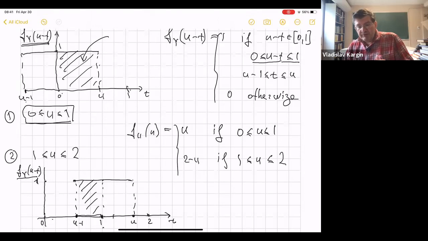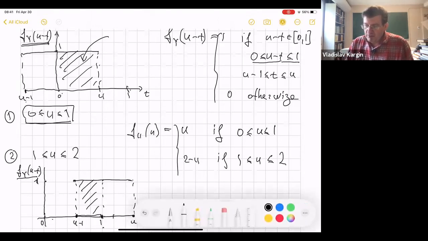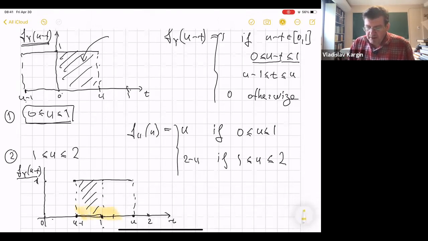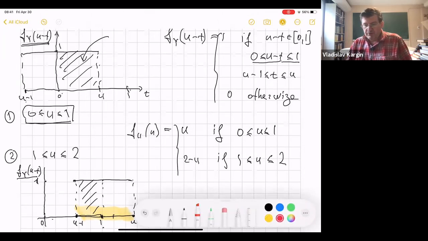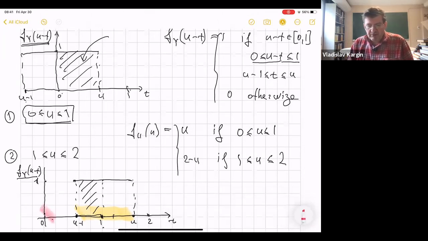And if u becomes greater than 2, then you can see that this interval here is sliding. So if u becomes greater than 2, then this interval becomes non-intersecting with the interval from 0 to 1, which is the interval over which we're integrating.